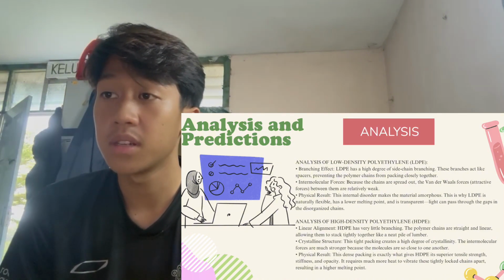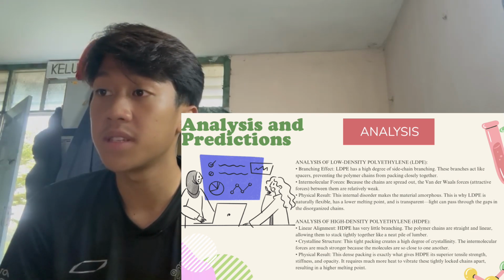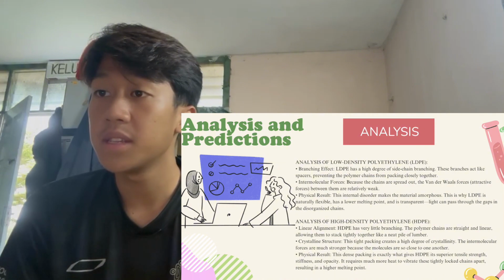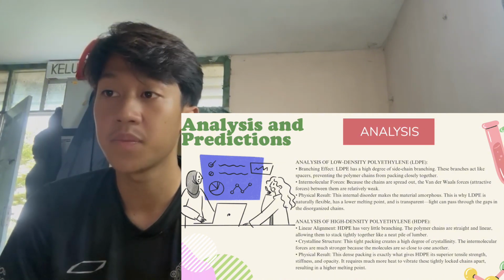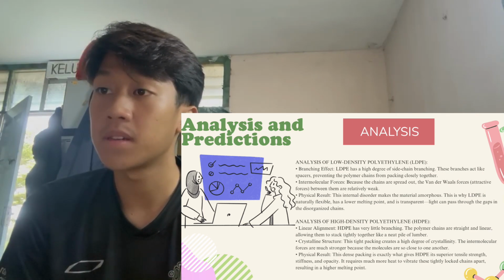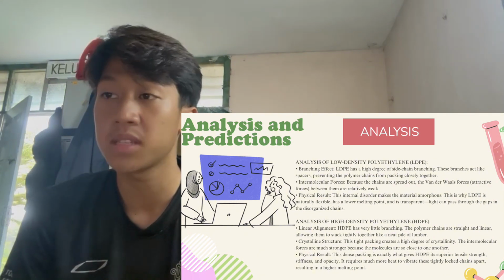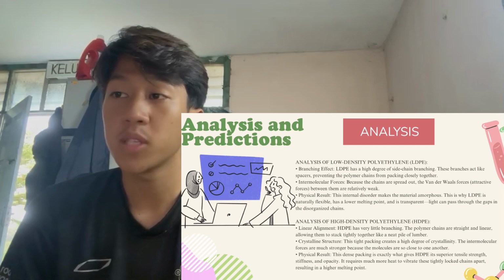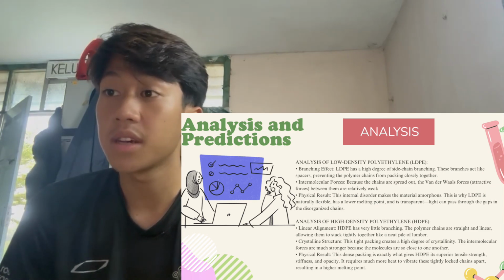The structure of HDPE is crystalline because the tight packing creates a high degree of crystallinity, and the intermolecular forces are much stronger because the molecules are closer to one another. The physical result of these characteristics causes HDPE to have superior tensile strength and stiffness as well as opacity. This means that it will require much more heat to vibrate the tightly locked chains apart, resulting in a higher melting point.